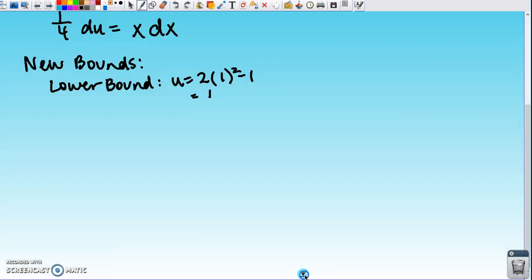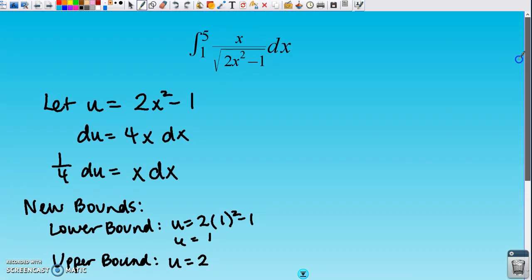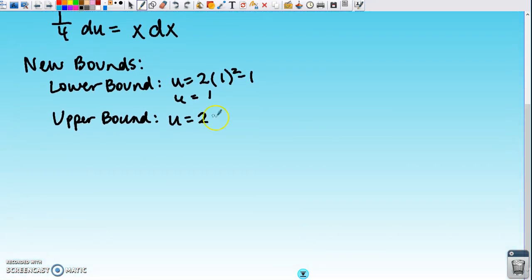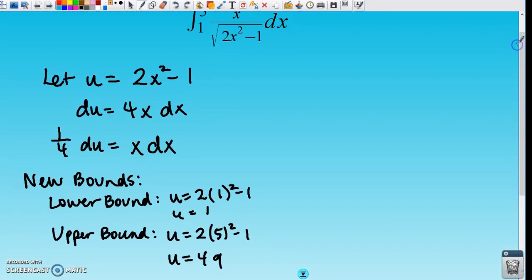And then my upper bound: u equals 2 times 5 squared minus 1, so 49. Okay. Upper bound, check. Lower bound, check. U sub, check. Okay. Moving on.